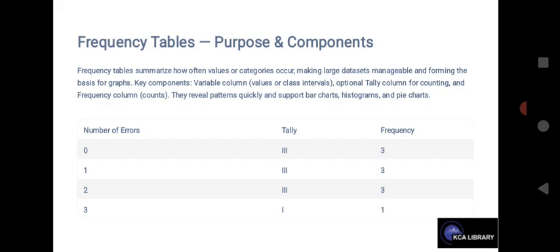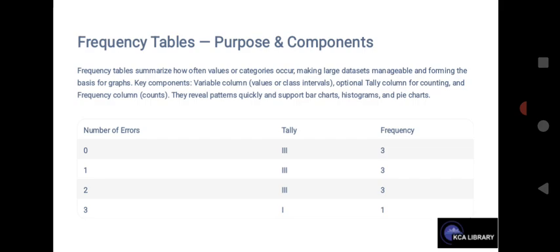Now, this is how a frequency table looks like. In a frequency table, you will see the observations, the tally, and the frequency. A frequency table summarizes how often values or categories occur, and it makes large data sets manageable, forming the basis for graphs.